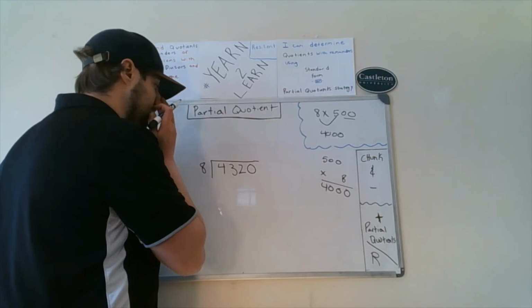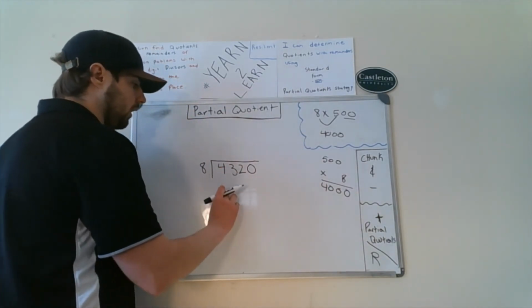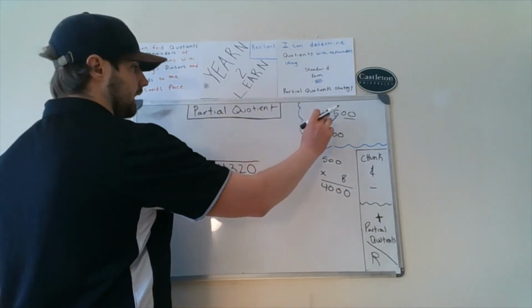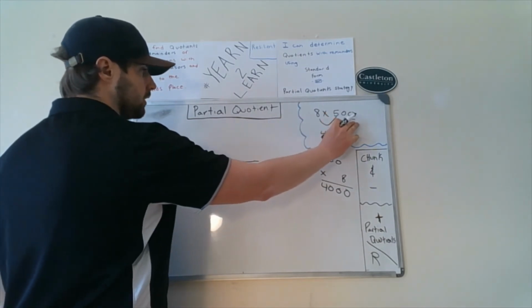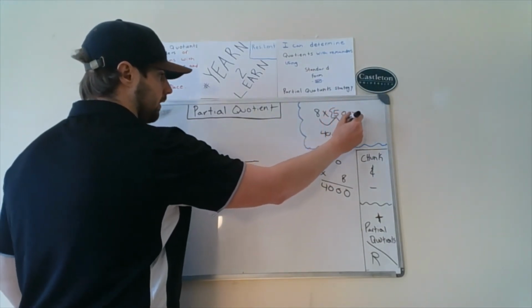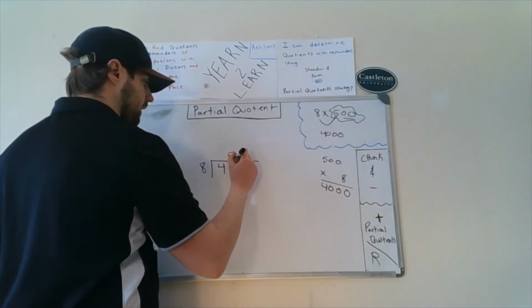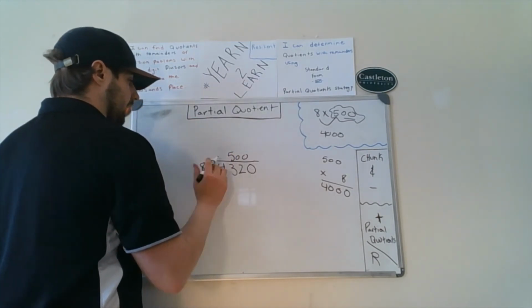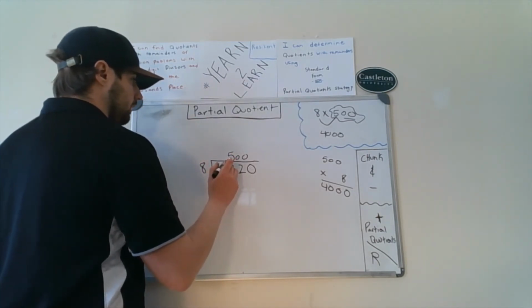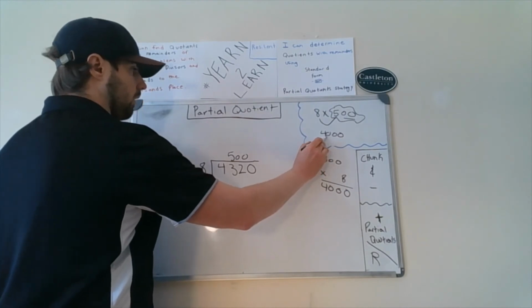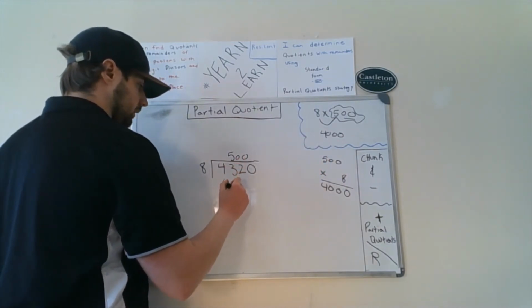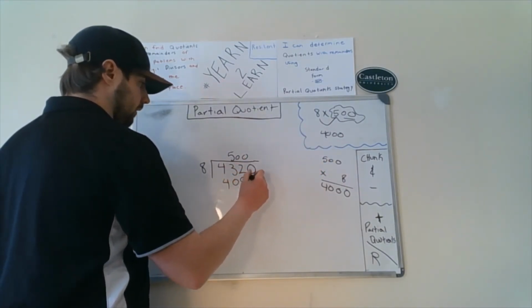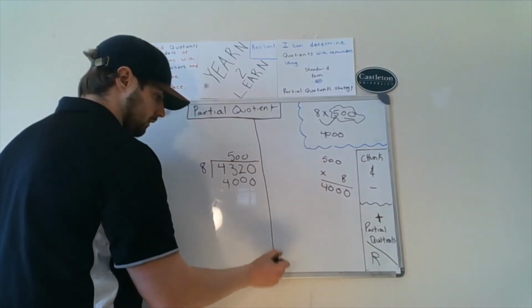Absolutely. It's going to get rid of all of our thousands. We'll see that in just a sec. I am chunking out how much? I'm chunking out 500. 8 times 500 gave us 4,000. Let's chunk that out. I forgot my line.